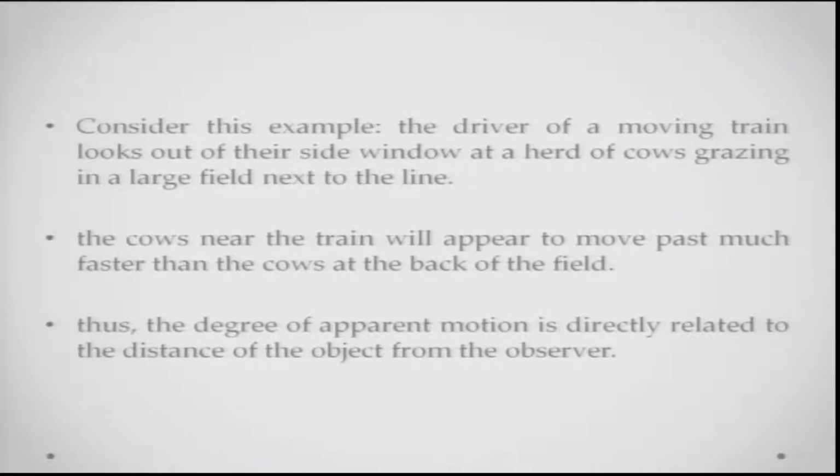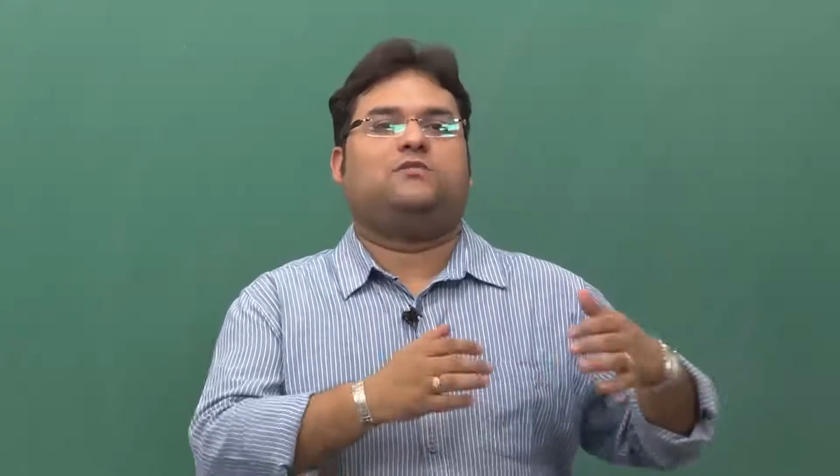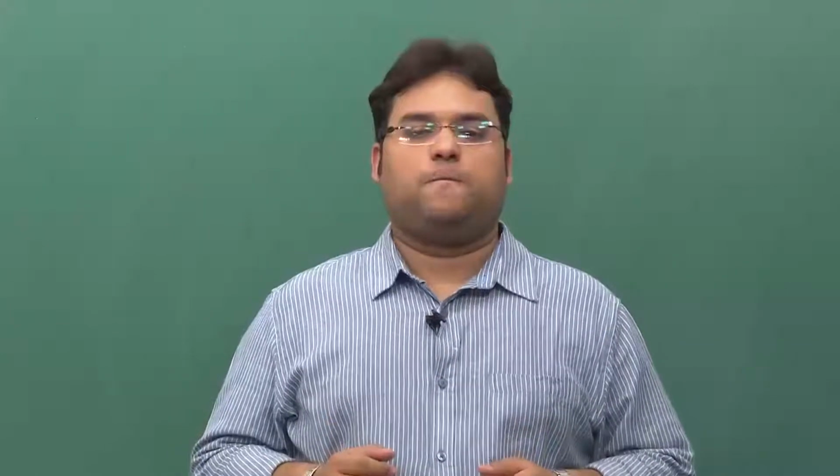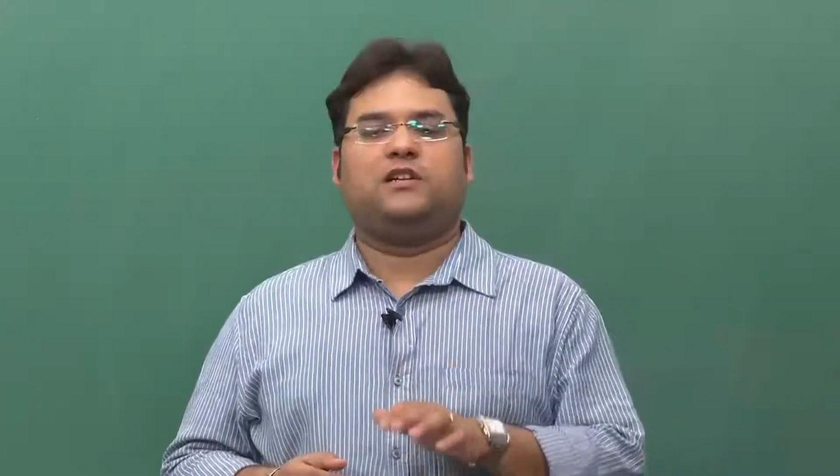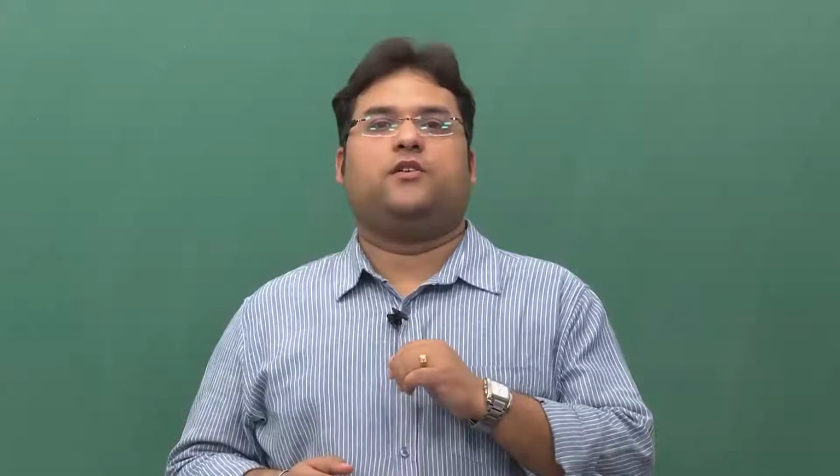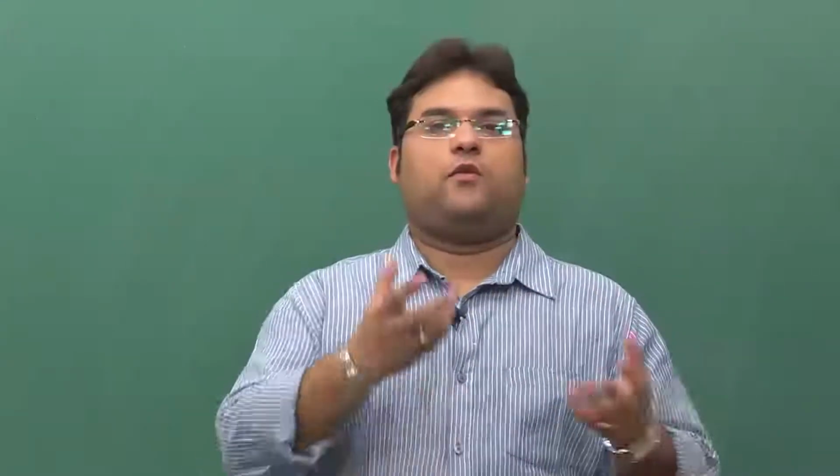The cows near the track will appear to move past much faster than the cows at the back of the field. It's not that those cows are running and the other ones are static. It's because you're moving, and the cows which are nearer appear to move past faster. Thus, this degree of apparent motion is directly related to the distance of the object from the observer, of the cow from the driver.